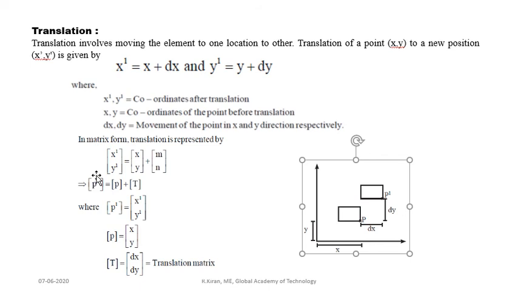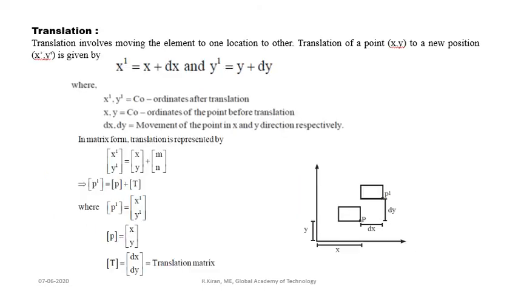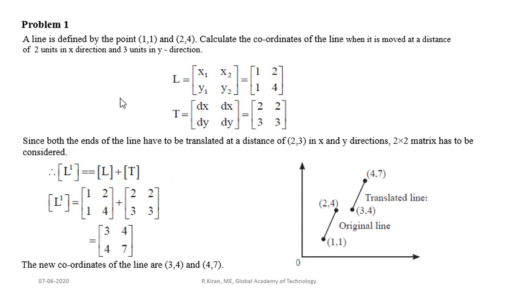This is the equation used in order to perform the translation. Now let us solve one problem using this translation. Here a line is defined by the points (1, 1) and (2, 4). We will calculate the coordinates of the line when it is moved by a distance of 2 units along the x-axis and 3 units along the y-axis.